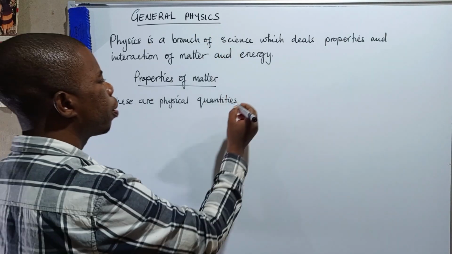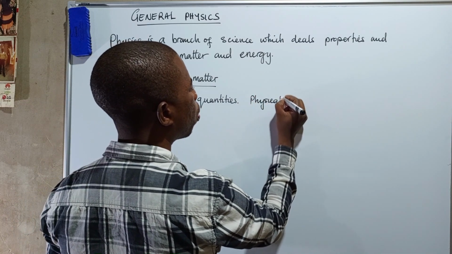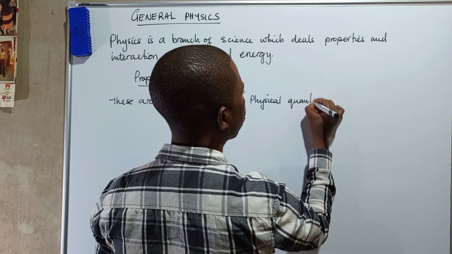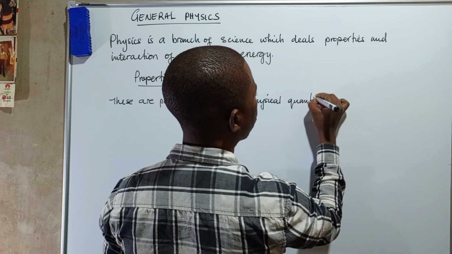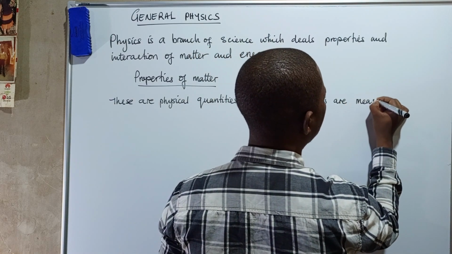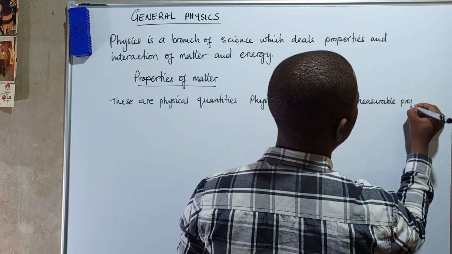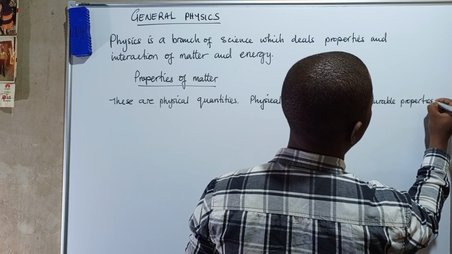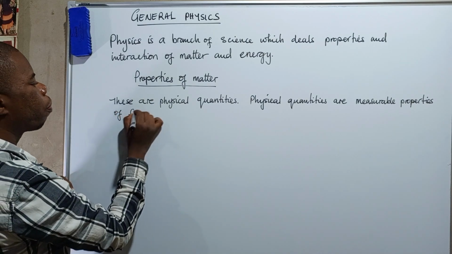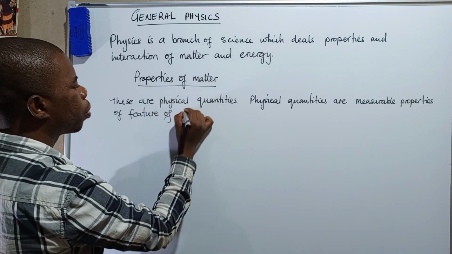So we are saying physical quantities are measurable properties or features of objects.